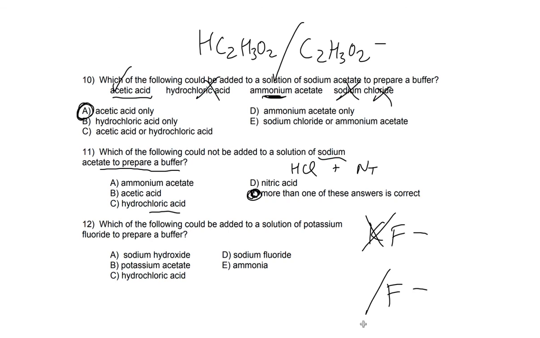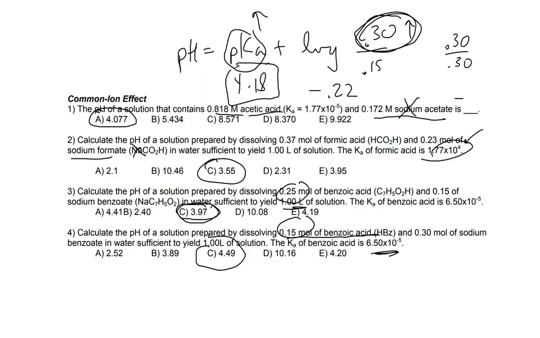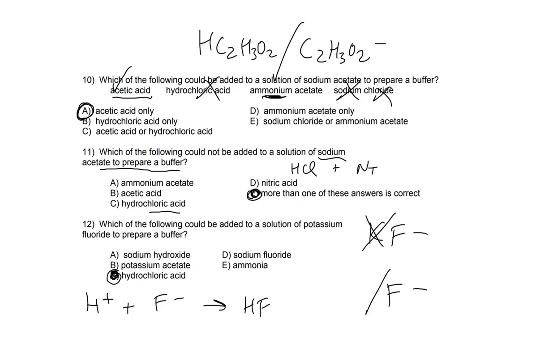So that's going to be an issue. The thing you could do is that if you add a strong acid to a salt, we haven't gone over this, you could produce a little HF, and as you add it, it would create somewhat of a buffer solution, but we really haven't covered that. So the correct answer for 12 would be C, but it's not anything that I'm really focused on.